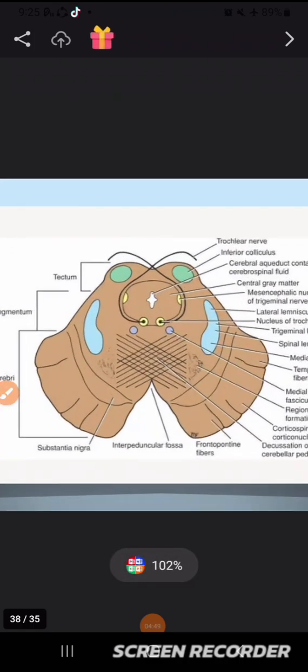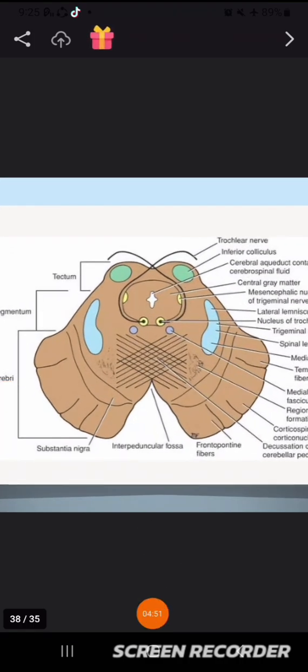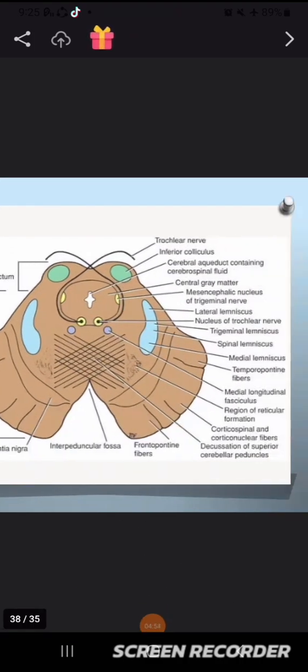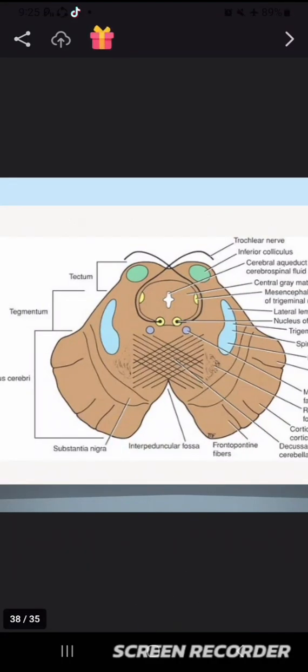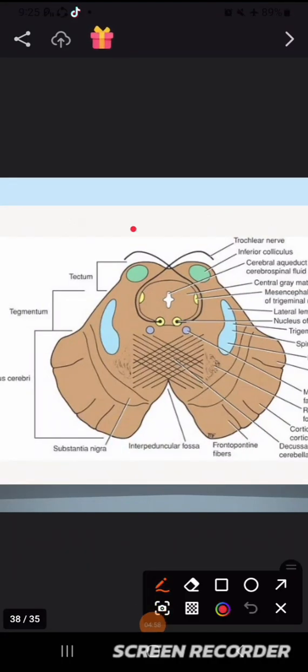Let's see. This is the cerebral peduncle. This is the cerebral peduncle. So the midbrain consists of two cerebral peduncles.